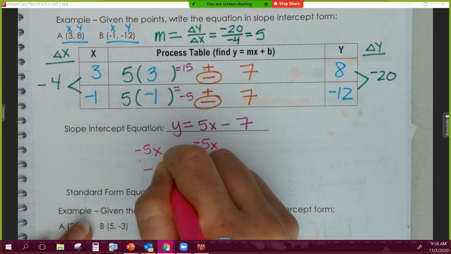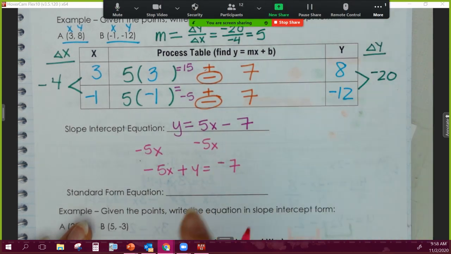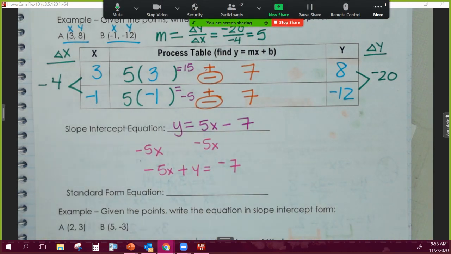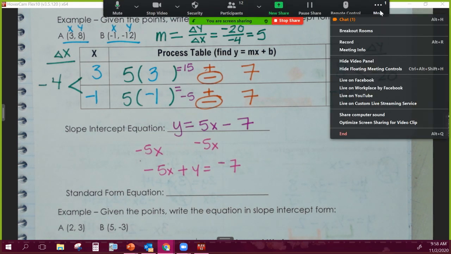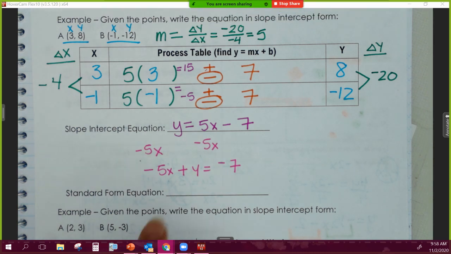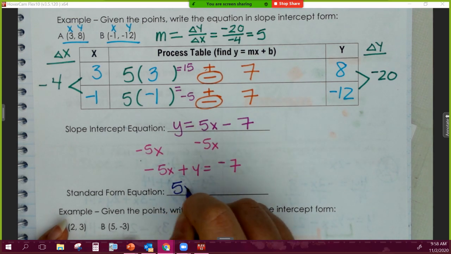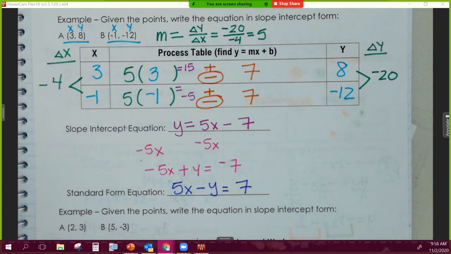Now I have negative 5x plus y is equal to negative 7. And check to see that your a is positive. If it's not, like in this problem, then just change the sign of everything. So make this positive, minus, and positive.